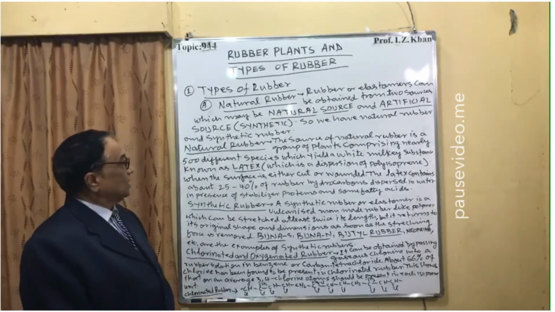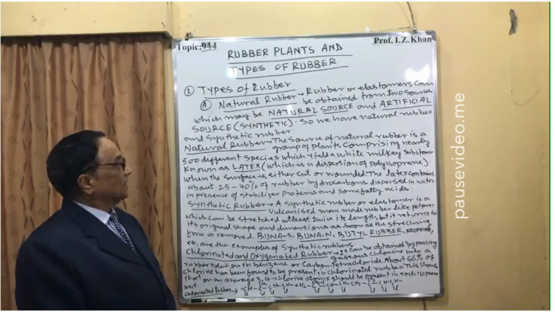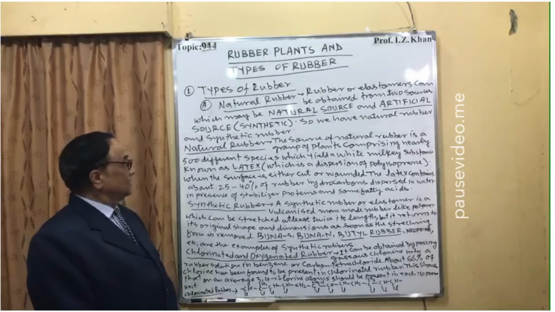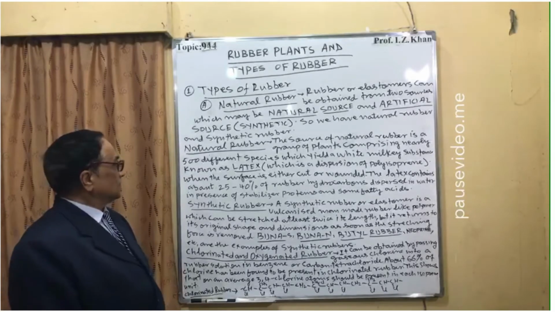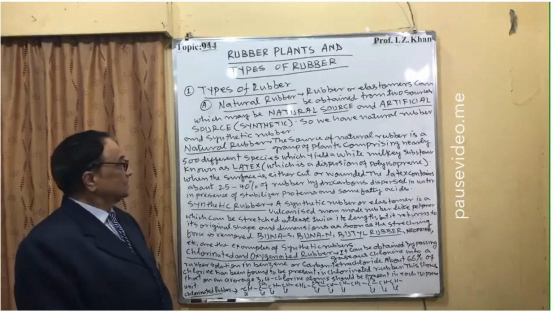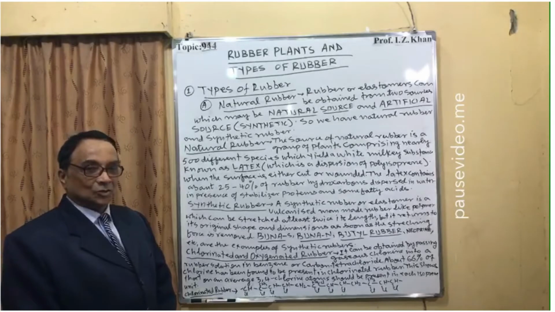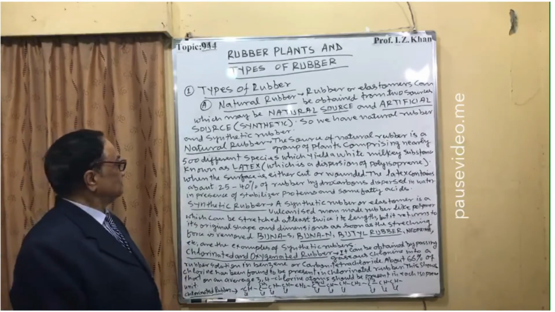So natural rubber. The source of natural rubber is a group of plants comprising nearly 500 different species, which yield a white milky substance known as latex, which is a dispersion of polyisoprene.